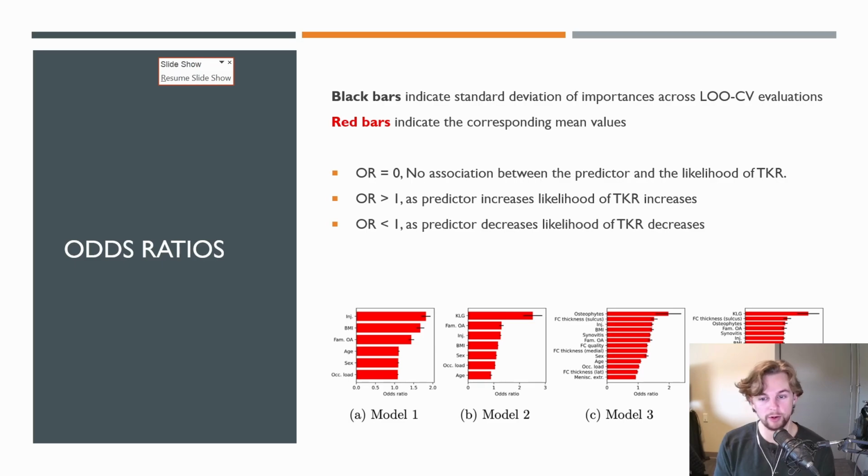And one thing to note with sex is that since the study was mostly women, 69% women, that may have skewed that as a feature in its ability to predict a little bit. And then model 4, we can see again, everything north of even FC quality, but sex again, those are associated with an increased likelihood of total knee replacement.